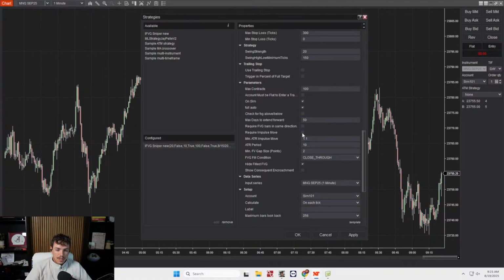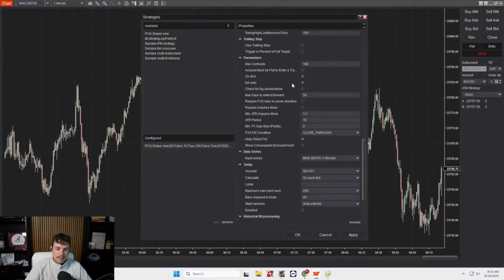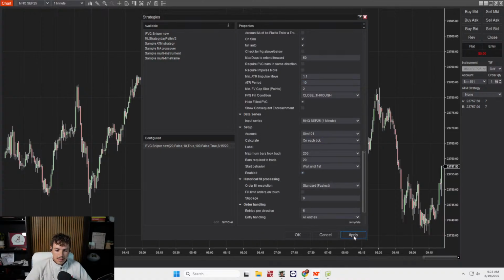Impulse move. This is kind of like a momentum. If you want to get in on more of a momentum candle, there you go. Require fair value gaps that are in the same direction. Some ATR information here. We pretty much just have everything defaulted here on full auto mode today.